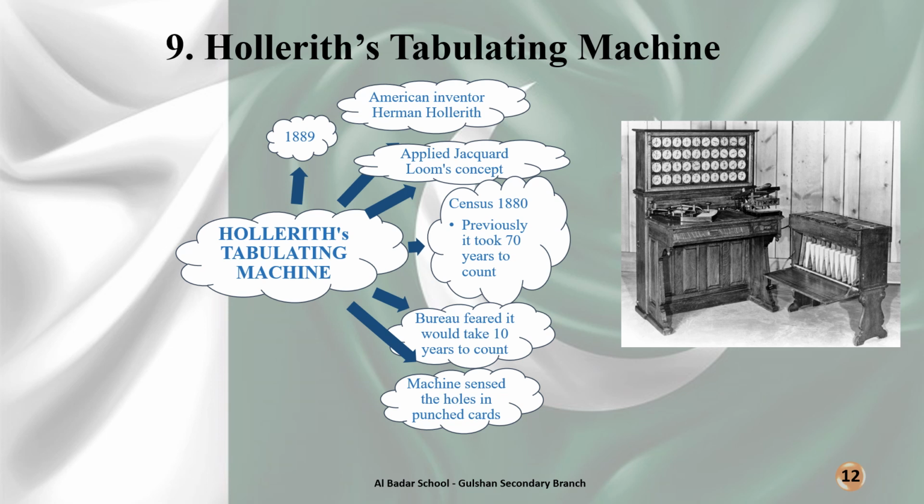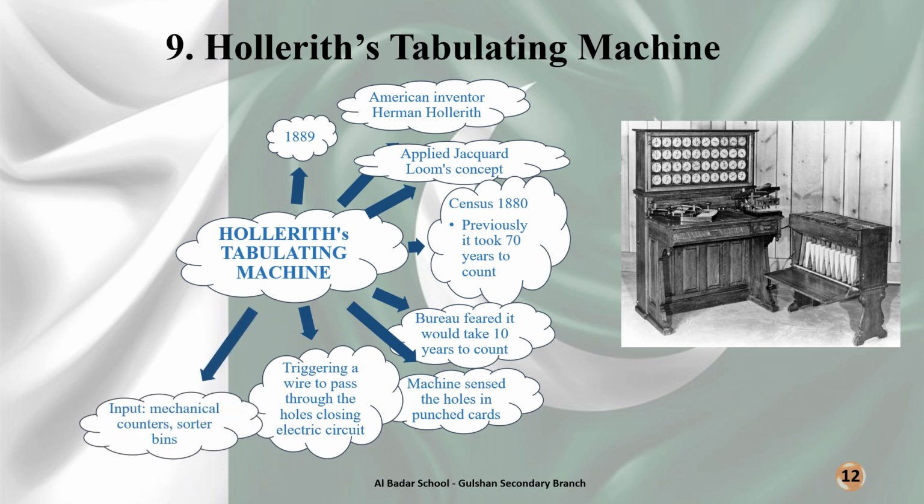So, Hollerith machines sense the holes in punch cards, triggering a wire to pass through the holes, closing an electric circuit. And finally, the input initiated mechanical counters and sorter bins and tabulated the appropriate data in usable categories. Means the working of the machine.